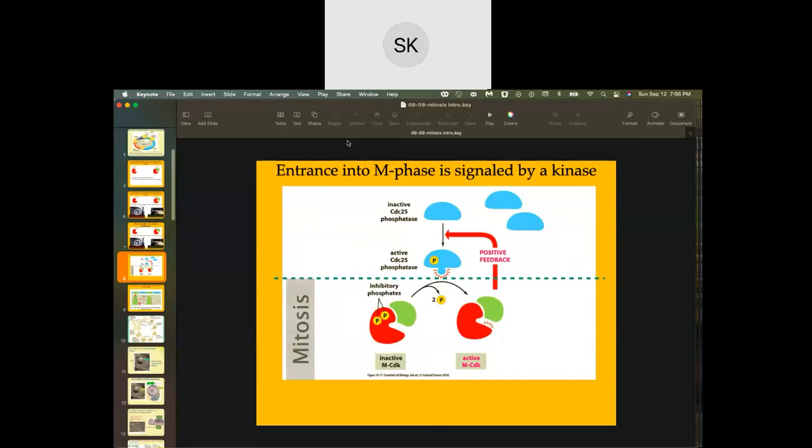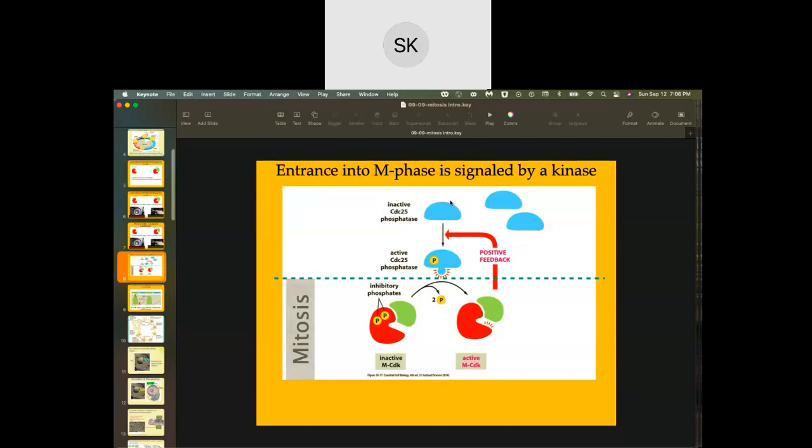Now, I wanted to give this example, which is at the beginning of mitosis, or which brings the cell into mitosis. There is a third protein that we're going to introduce here. That protein is called CDC25 phosphatase. And this protein can be activated or inactivated as well.